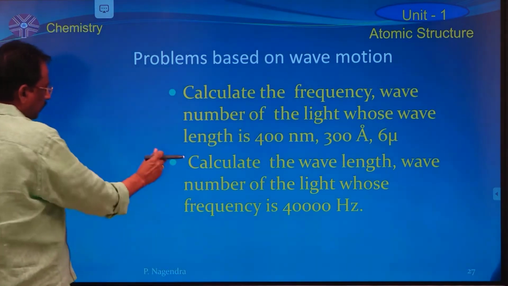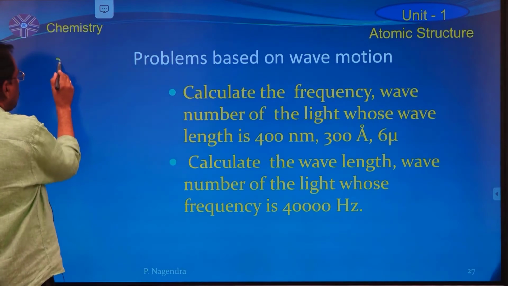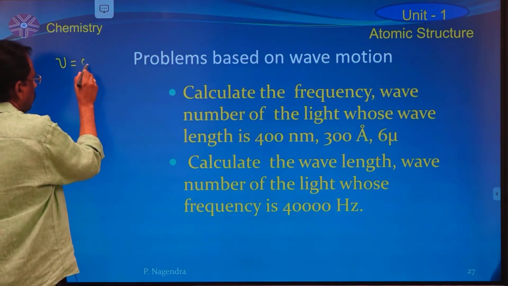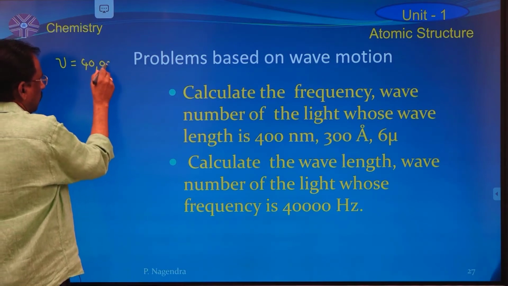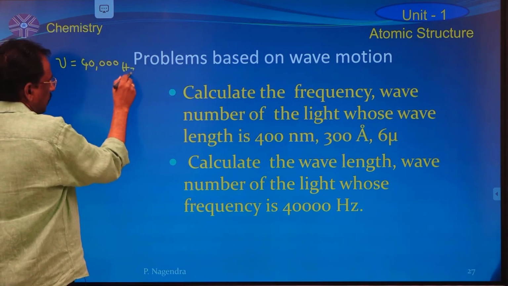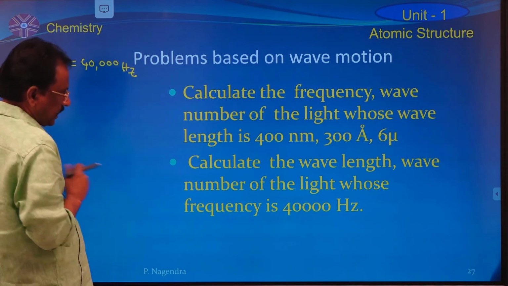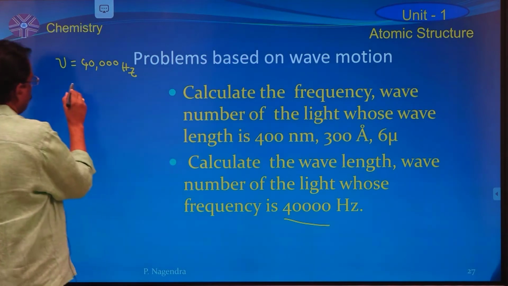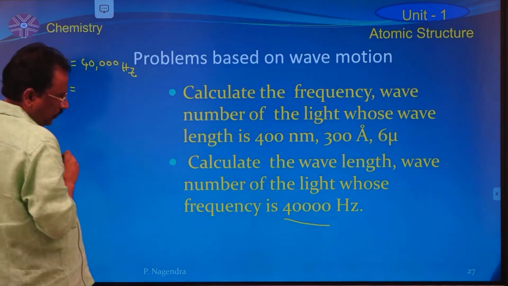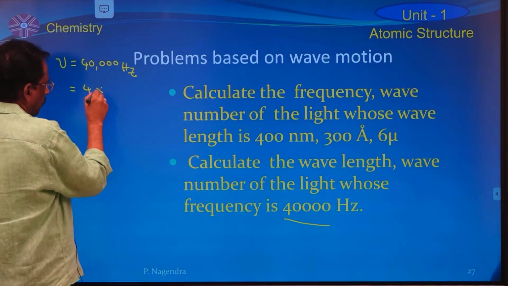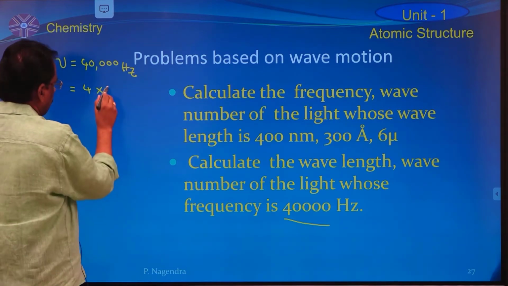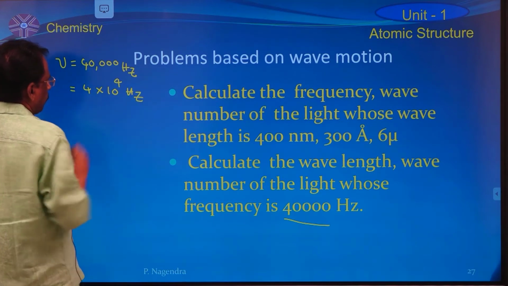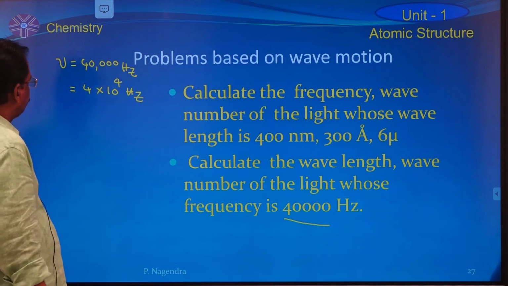Here, in the second problem, frequency is given, which is equal to 40,000 Hz or CPS. That means 4 into 10 power 4 Hz.